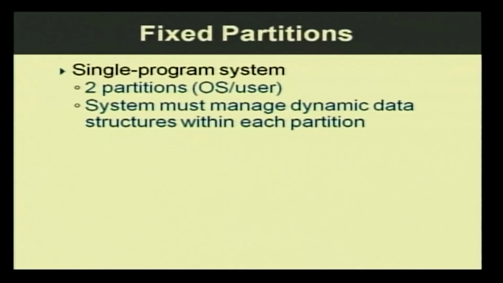The user program and related files are stored inside this partition. The operating system must manage the data handling within every such partition, and the memory references from the OS partition should not fall inside the user partition and vice versa.